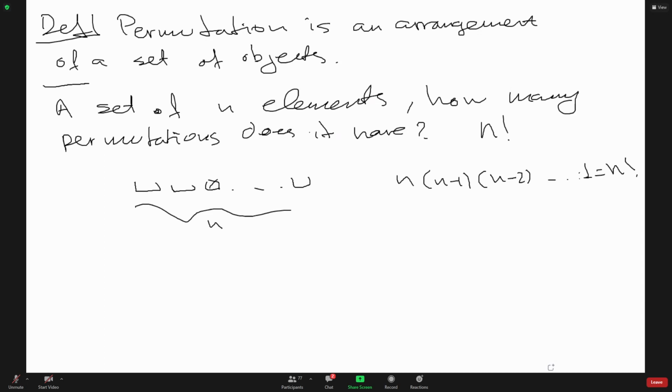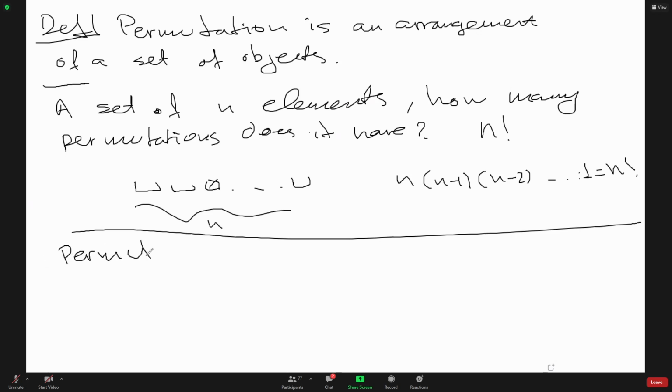Now, what if I don't want to have the permutation of all objects, but I want to have permutations of r out of n objects?